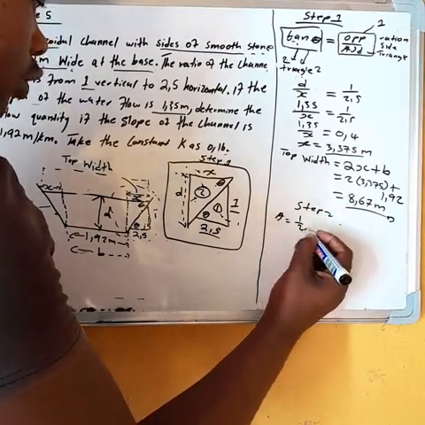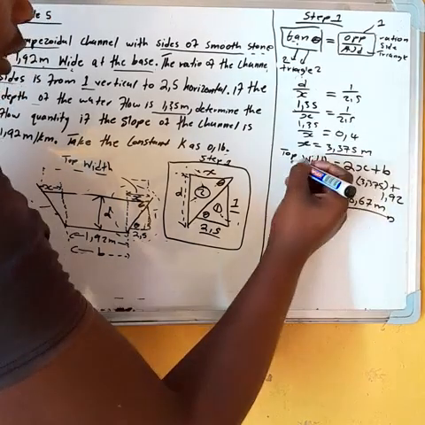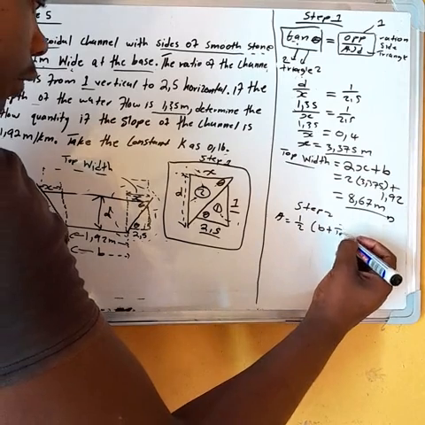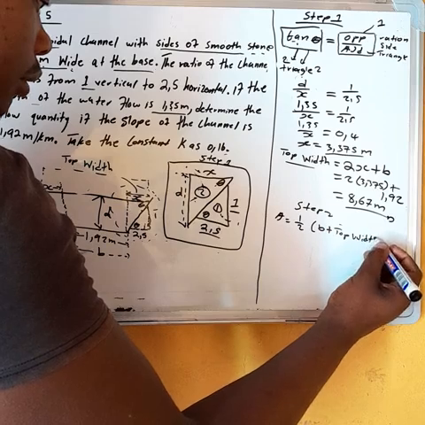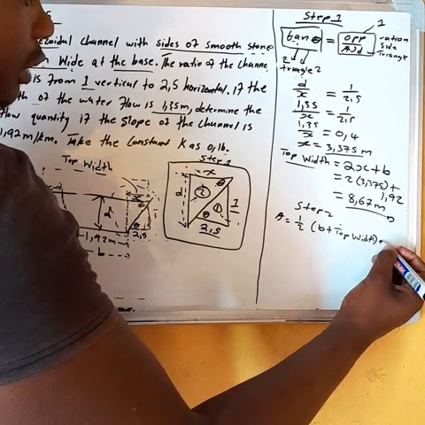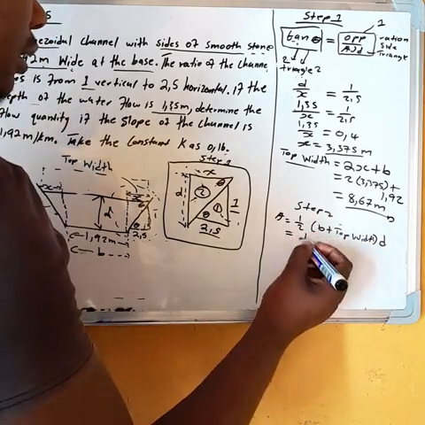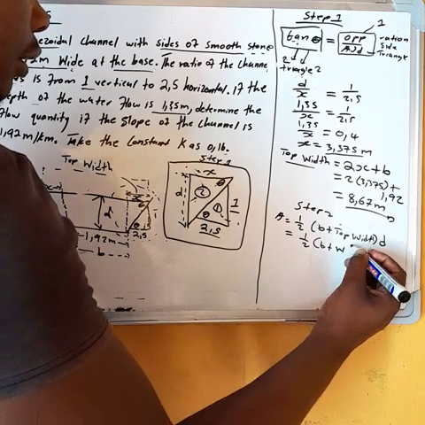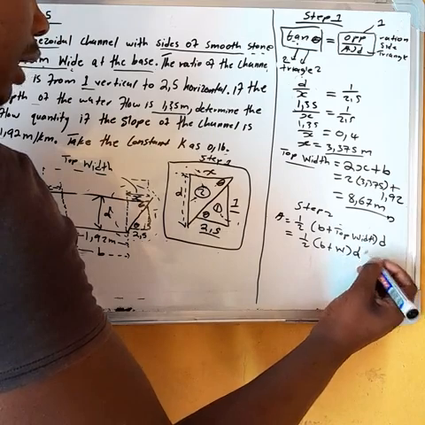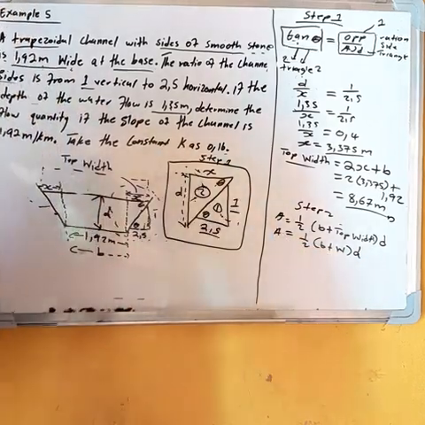It's 1/2 into base plus top width, multiplied by the depth. So you can just write this: B plus width multiplied by depth. This is the formula you need to know for step 2.